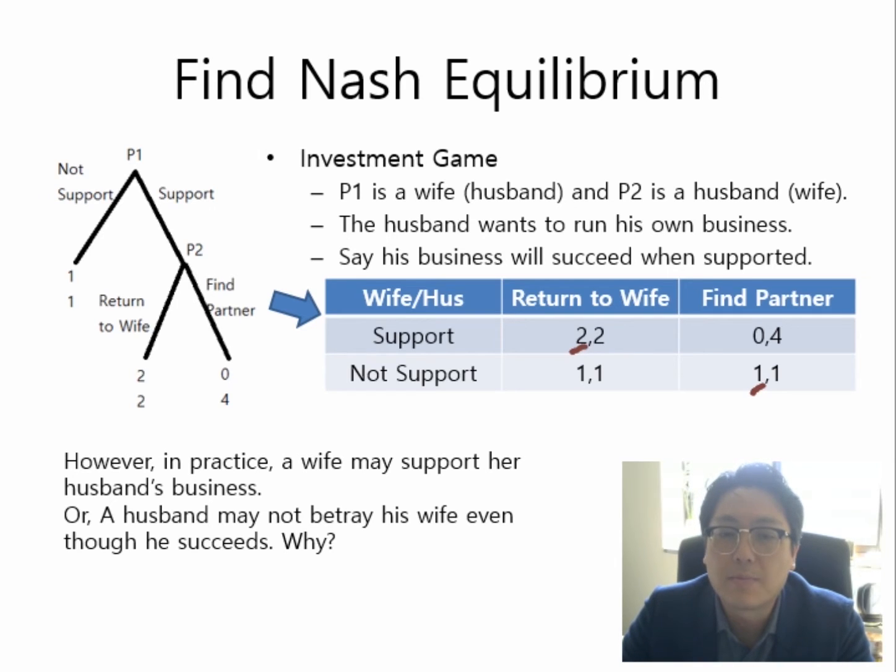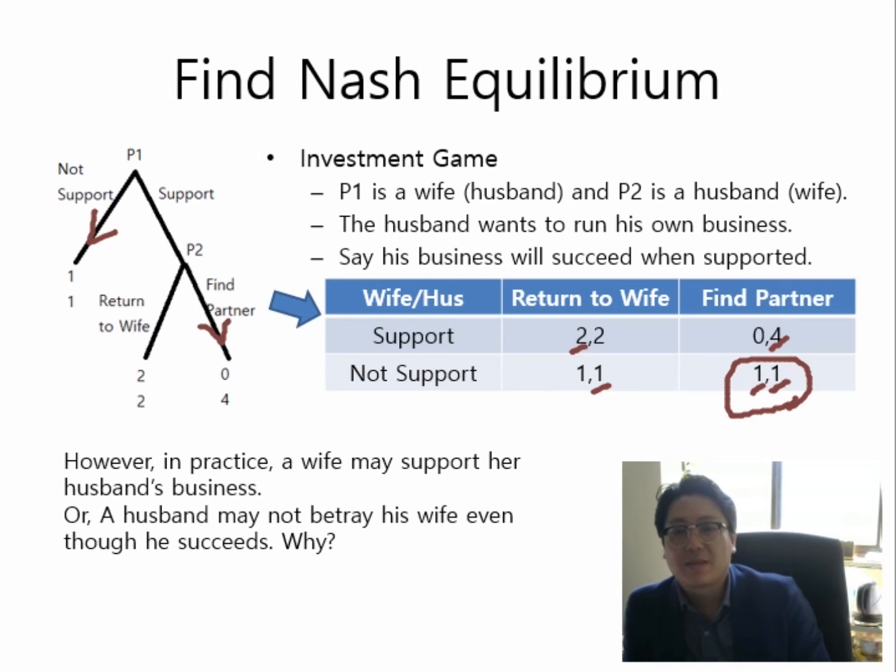If the wife is choosing not to support, then the husband is indifferent between choosing these two strategies. In that case, the only Nash equilibrium is this: the wife does not support, and the husband will choose to find a partner.